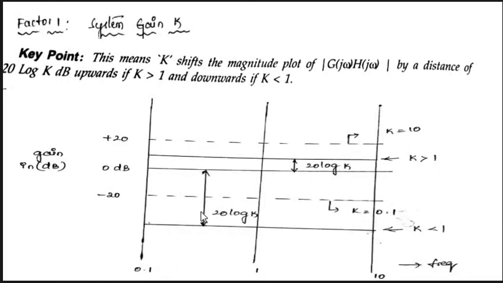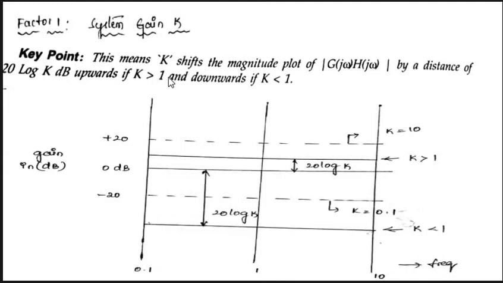Initially the graph is divided into decades, and then we identify the gain in dB. Above the 0 dB line the values are plus dB and below are negative, minus 20, minus 40, minus 50, plus 10, plus 20, plus 30, like that.